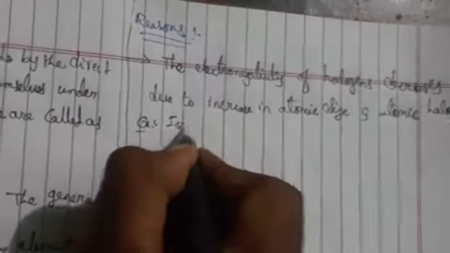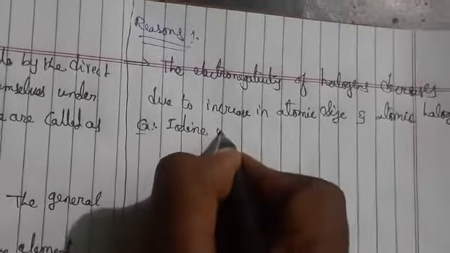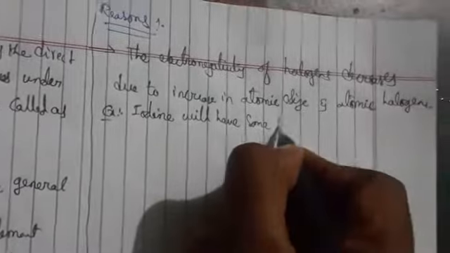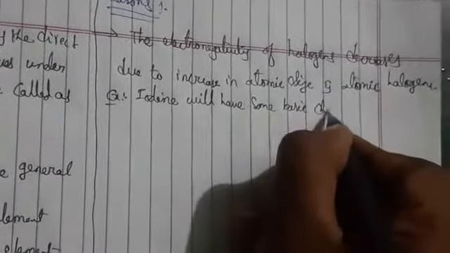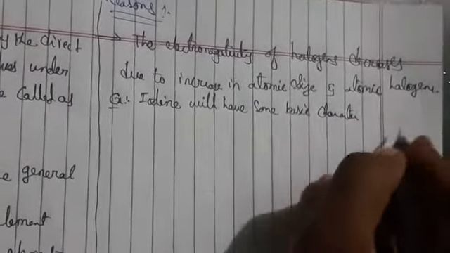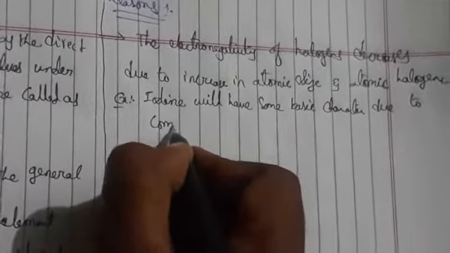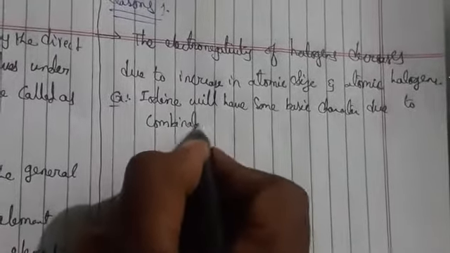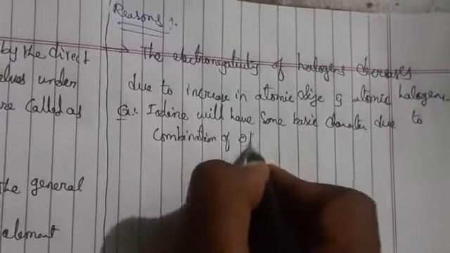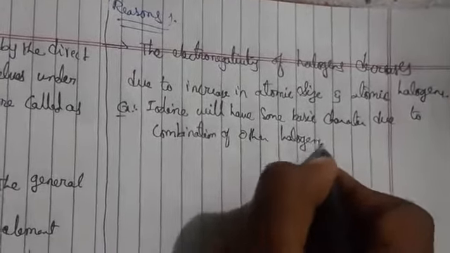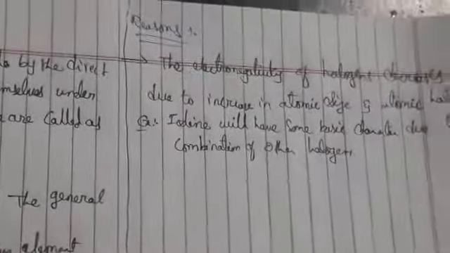So why is it basic? Because it has less electronegativity. Because of that, iodine shows some basic character.